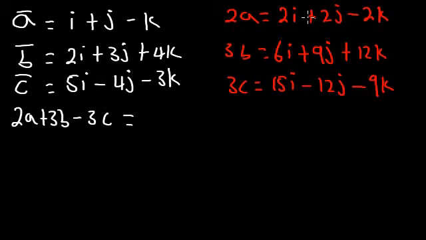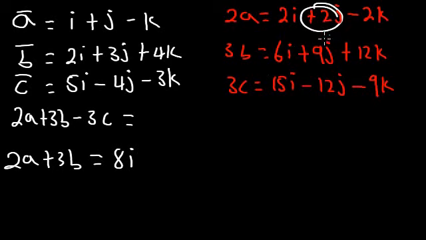What we need to do is to add each of these and subtract the last one from it. But for easy understanding, I would like to compute 2a plus 3b first. 2a plus 3b is just as if I'm adding each of these. So there's going to be 2i plus 6i, so that will result in 8i. Then 2j plus 9j, that's 11j.